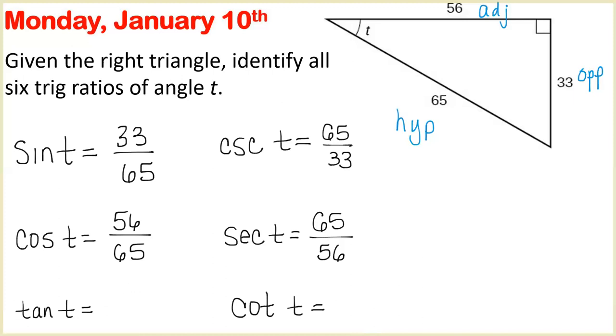Tangent is opposite over adjacent, which is 33 over 56, not 65. So tangent is opposite over adjacent. And cotangent is adjacent over opposite. So those are your six ratios for angle T.